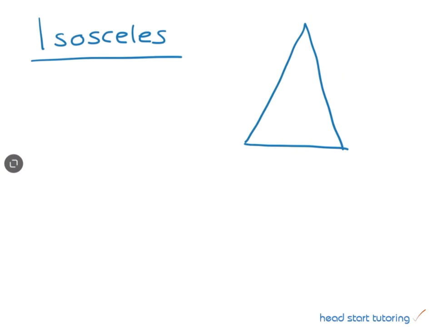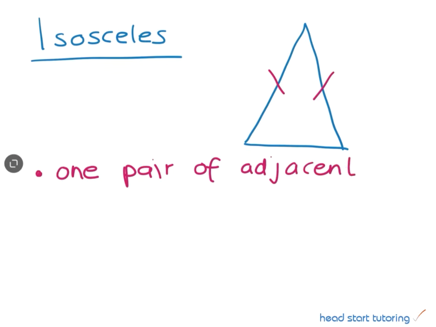Right, let's have a look at the isosceles triangle. In an isosceles triangle, these 2 adjacent sides are equal. So there we've got one pair of adjacent sides are equal.